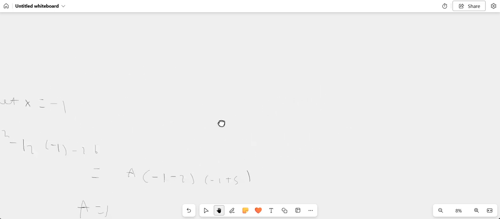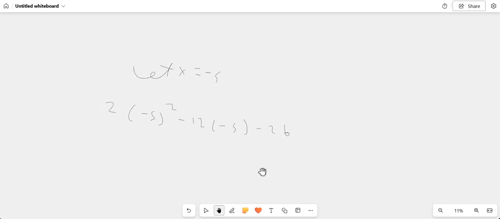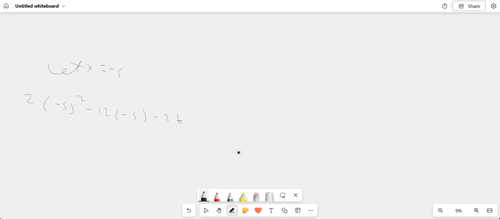you need to let x equal minus 5, so let x equal minus 5, so that's going to equal 84 if you put that in a calculator.